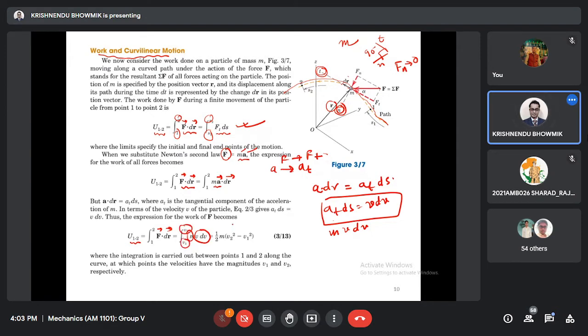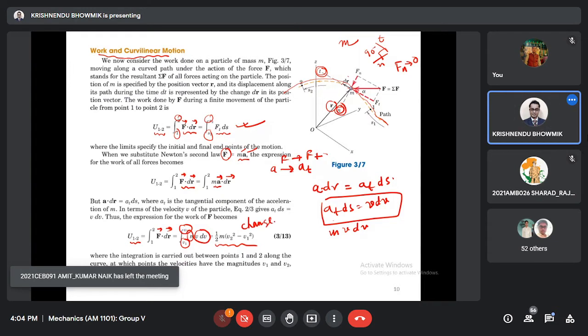If you do the integration, it is half m v2 squared minus v1 squared. Half m v squared is the kinetic energy, so this is the change in kinetic energy.